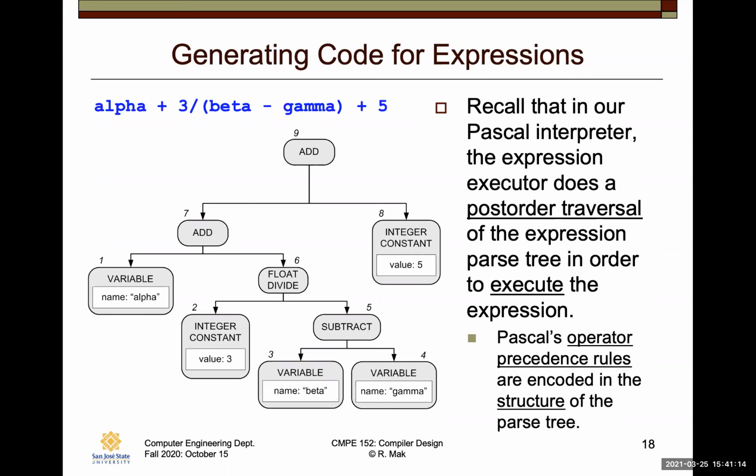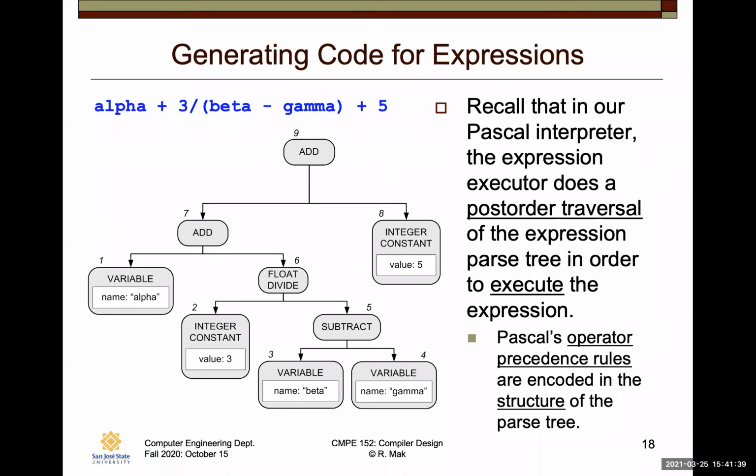It's not all that different from the one that I've drawn here. But basically, you're going to walk that parse tree. In other words, you're going to be visiting its nodes, and the visit function that you write for each type of tree node will know what Jasmine instruction to emit.